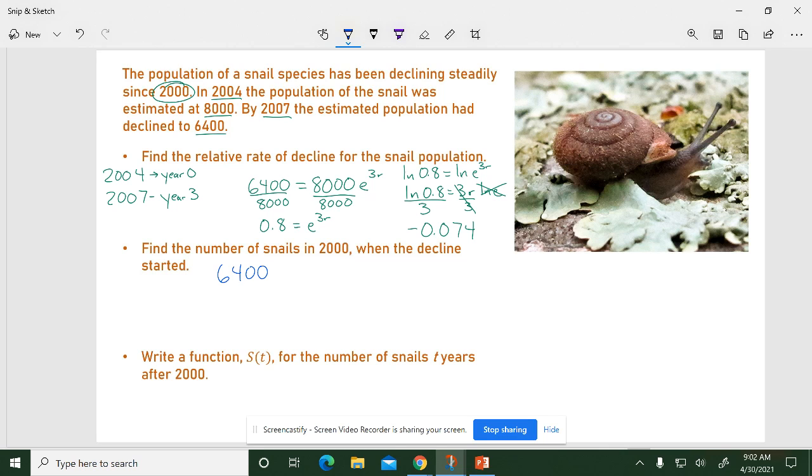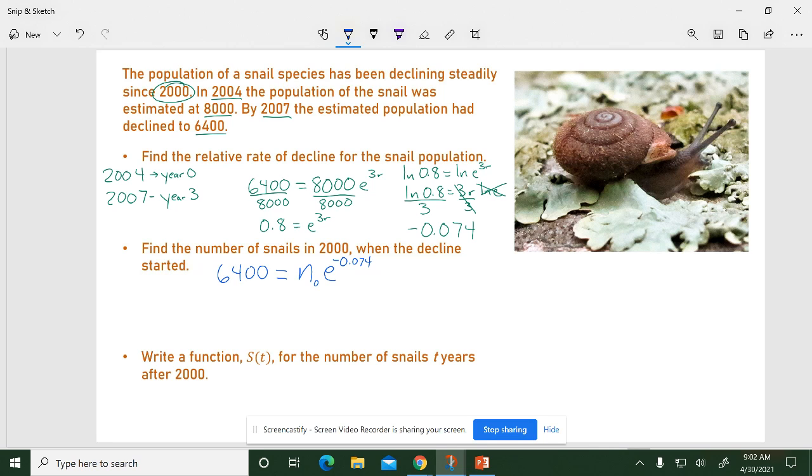Remember, that's the snail population after 7 years, equals, here we don't know the original amount. That's what we're trying to find. The way that's usually written is N sub 0, but you could put any variable you want there. So that's our initial amount, and then times E to the RT power. R is our rate, which we just found: negative 0.074.